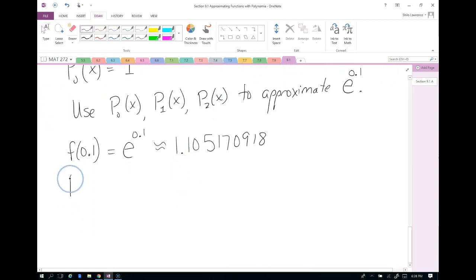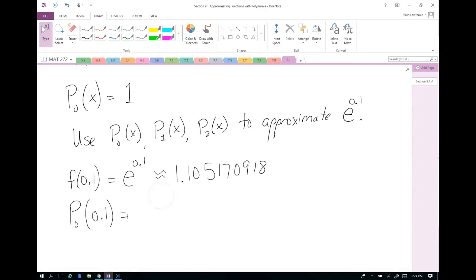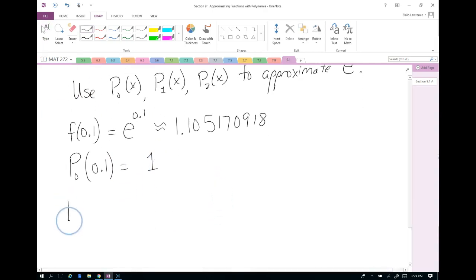So now let's compare. Remember, p sub 0 is always equal to 1, no matter what we plug into it. P sub 1 is 1 plus whatever we're plugging in.